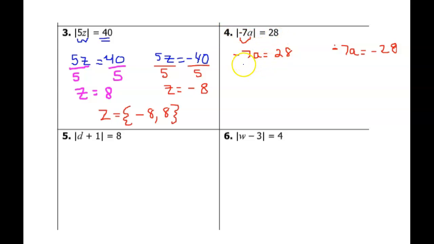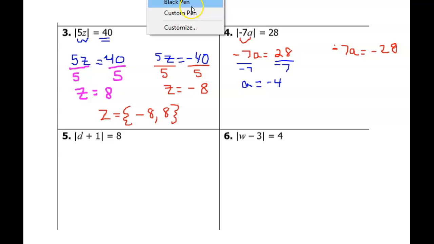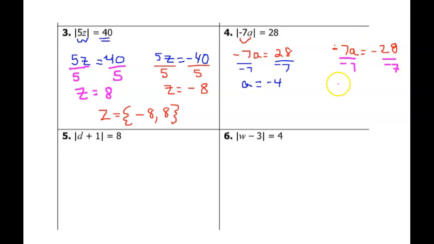So the first equation, the left side, I'm going to divide by -7 on both sides, and I end up with a equals -4, okay? And the right side, I'm going to divide by -7 on both sides. And I end up with a equals +4.